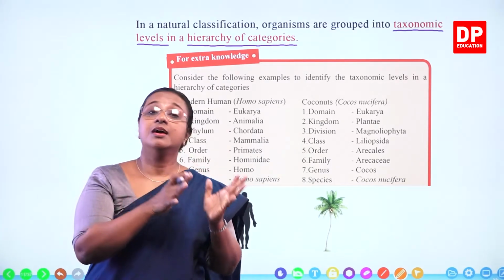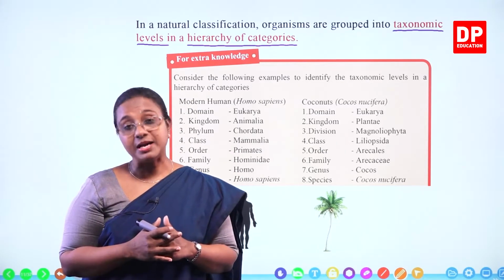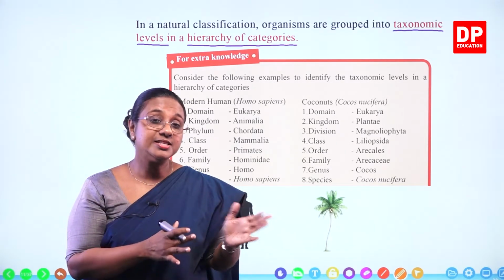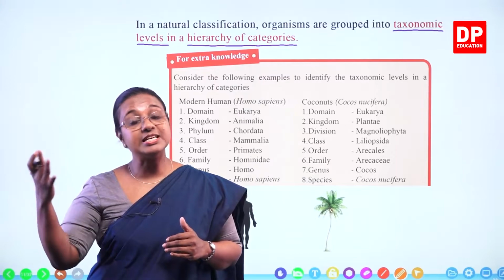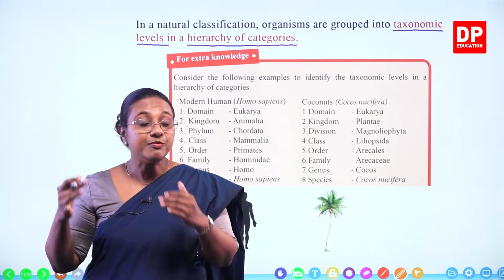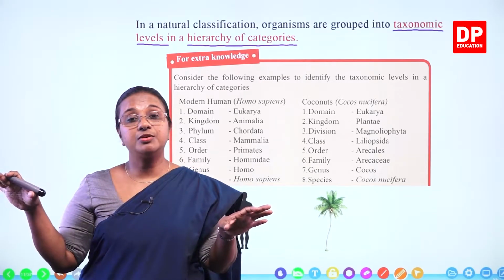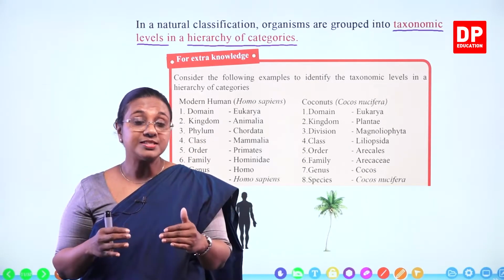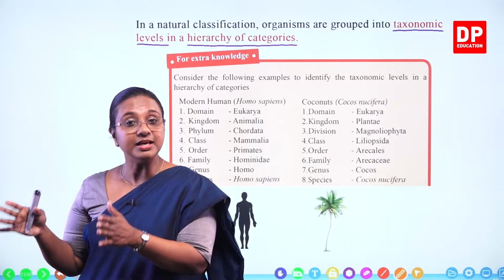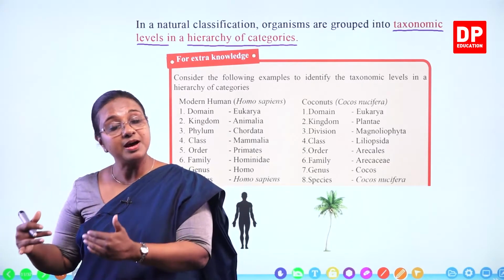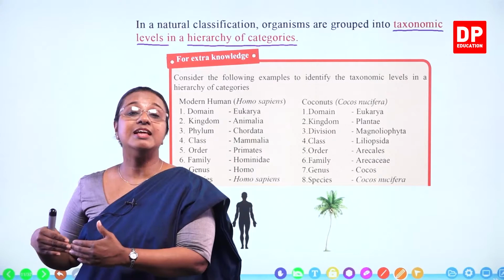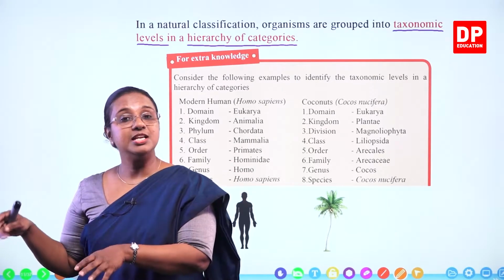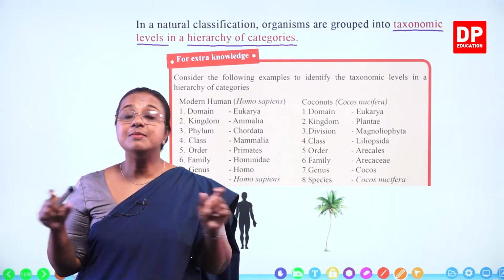Now if you take a coconut tree and a mango tree, you all know the coconut tree is a monocot plant, the mango tree is a dicot plant. But before putting them into 2 different groups and further dividing them into groups, we need to first understand that they come under plants. Then under plants also, they have a certain level of classification. Finally only they come to that simple group.